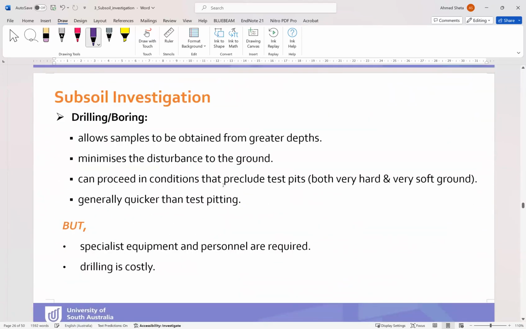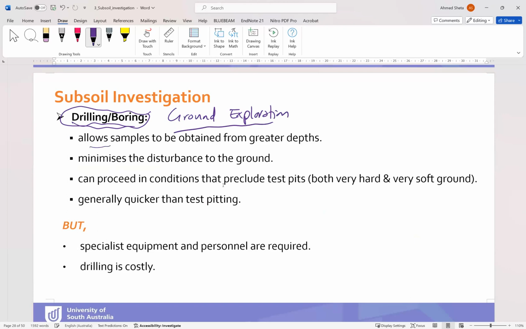And here are some advantages and disadvantages of the drilling and boring method for ground exploration. Drilling allows samples to be obtained from greater depths. Again, you can go very deep in the soil, for example 15 meters, 20 meters, and so on.